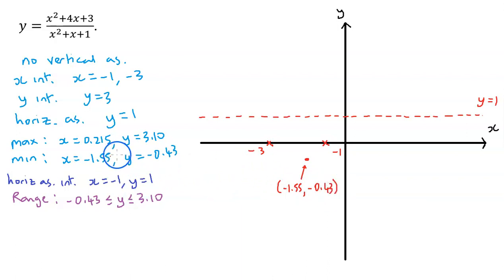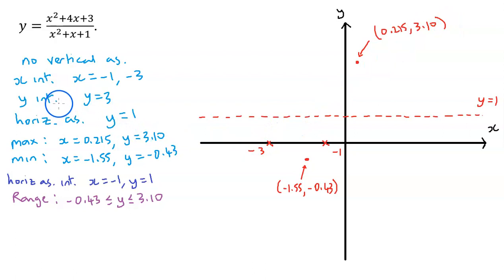And we're going to have a maximum when x is 0.215, so over here, and y equals 3.10, so about here, I guess. Gotta be careful not to go too high. Alright, so that's going to be our maximum. So 0.215 and 3.10.